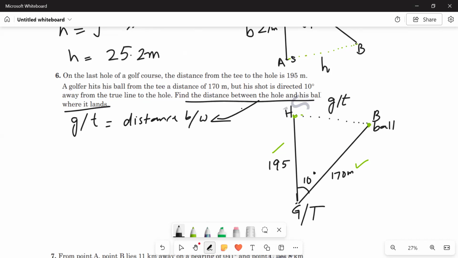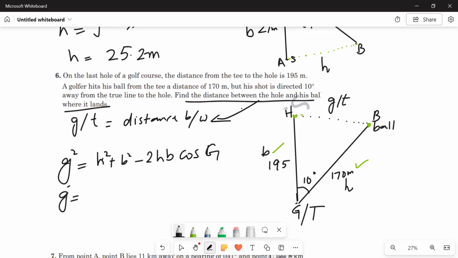Apply cosine rule. According to cosine rule, if I'm going to find the length of HB, that we are going to denote by G or T, this is small h, this is small b. So h square plus b square minus 2hb cos t or g, because this is the golfer or t point, so this is also g square.